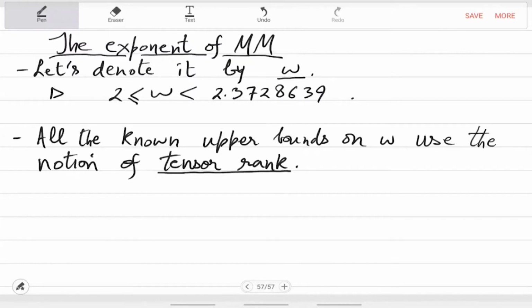Have you heard about tensor rank? It is also used in artificial intelligence and ML applications, with tensor decomposition. What is the simplest example of tensor rank? Matrices. Yeah, matrix rank is the simplest example of tensor rank. Matrix rank is just order 2 tensor rank. So a matrix is actually an order 2 tensor.